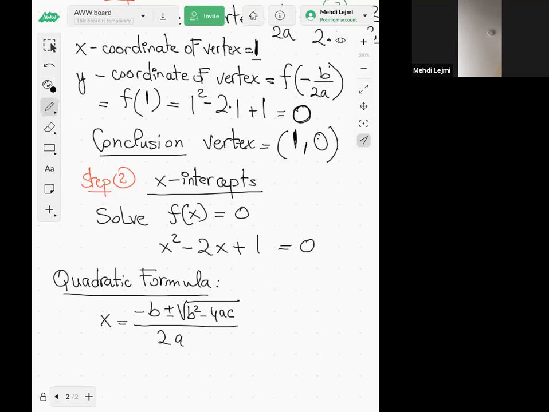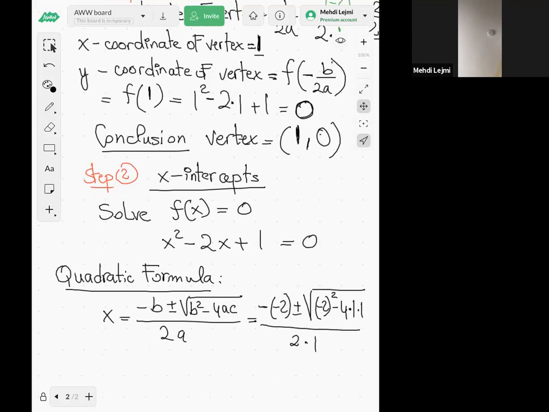In this case, x is minus negative 2, plus or minus the square root of negative 2 squared minus 4 times a, which is 1, and c, which is 1 as well, over 2 times 1.